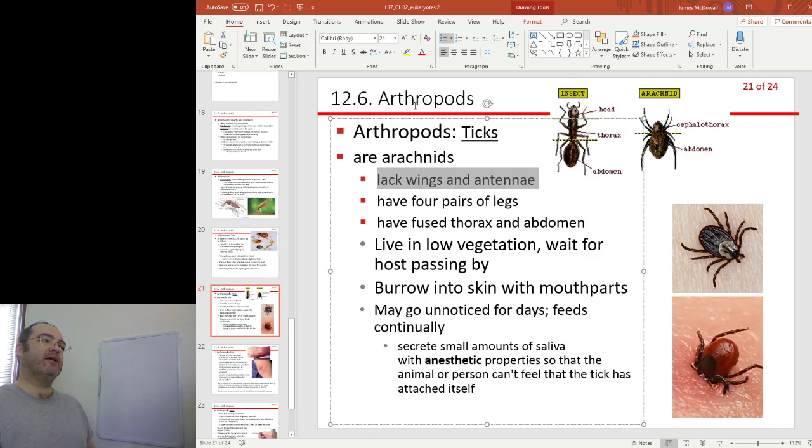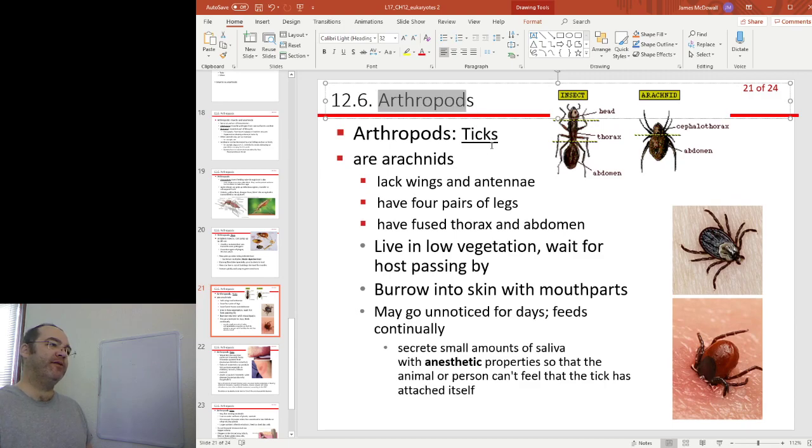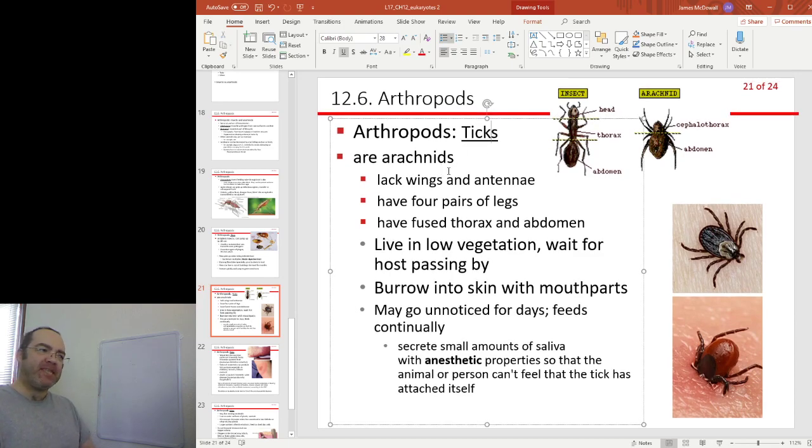So, when we're talking about transmission of diseases, probably number 1 on the list are ticks. I hate ticks. They are gross, nasty animals. They live in low vegetation and they crawl up on grass and just hang there.